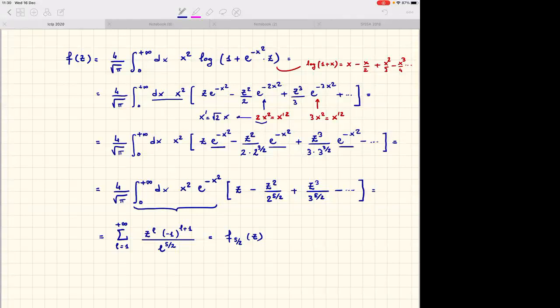This is what this change of variables means. And therefore dx x squared is dx prime x prime squared divided by 2 to the 3/2 for this term here. And for the other one it's going to be 3 to the 3/2 and so on. You see, it comes from this. Okay, thank you.